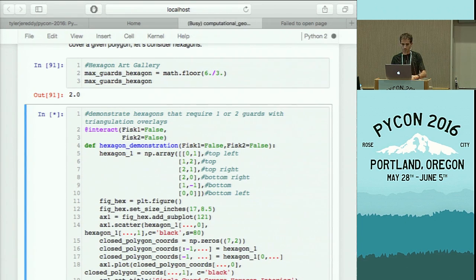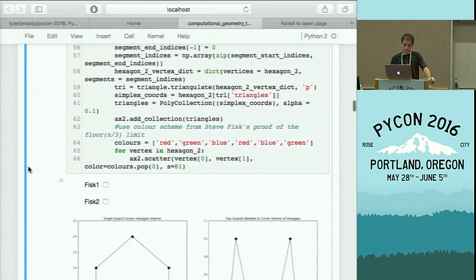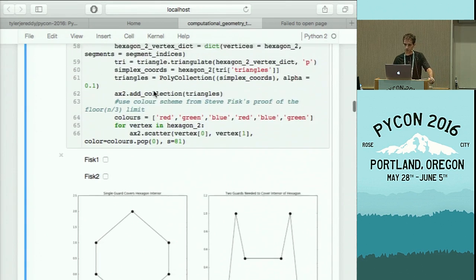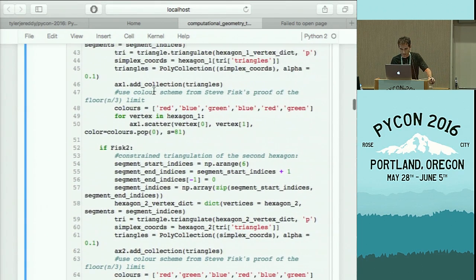There are formal proofs for this, and we're actually going to get pretty close to proving it thanks to the brilliant work of Steve Fisk, who was also an American mathematician. The idea is again that we're going to use the triangle library that I was talking about before.